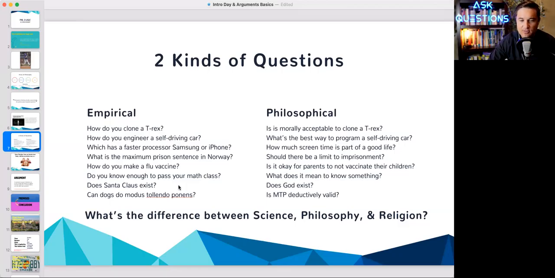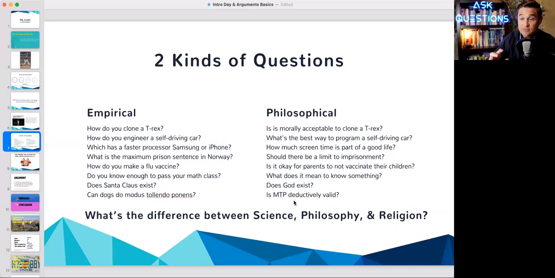And you can go through the rest of these questions kind of on your own. You can start to see the pattern that the ones over here, science is really well suited to answer, philosophy not so much. The questions on the right, science doesn't really tell you an answer. You can do science until you're blue in the face, and you probably won't be able to answer these. And that's what makes them go beyond the empirical. That's what makes them philosophical. So that's the similarity and difference between philosophy and science.